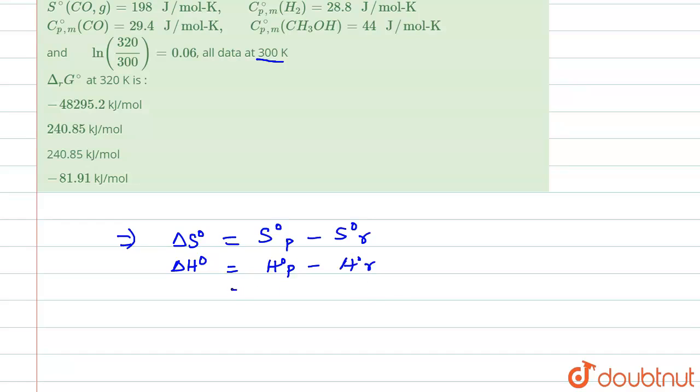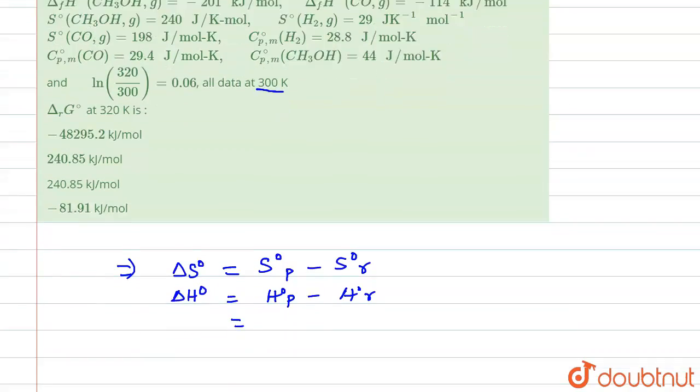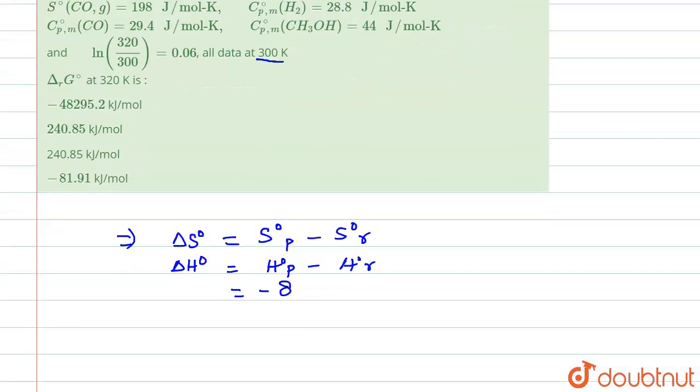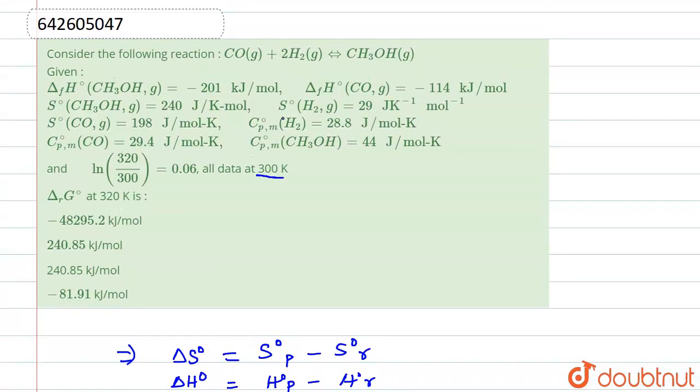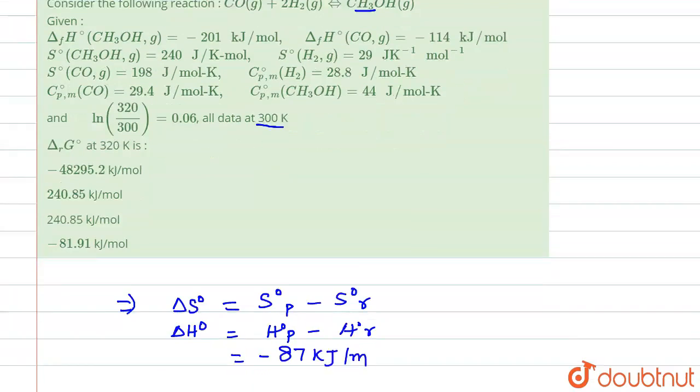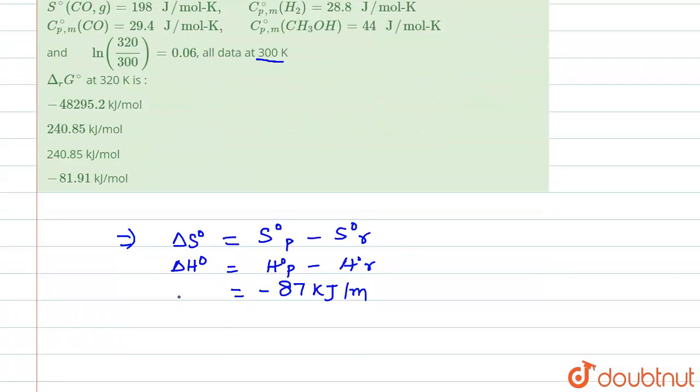So if we do this, we will get the value of ΔH° as minus 87 kilojoule per mole. Why? Because the value of H° is given, so for this minus we are subtracting with this one, so it is actually minus 201 and we are subtracting the value for this, so we end up with minus 18, because if we subtract this from this we will get minus 87 kilojoule per mole, right?